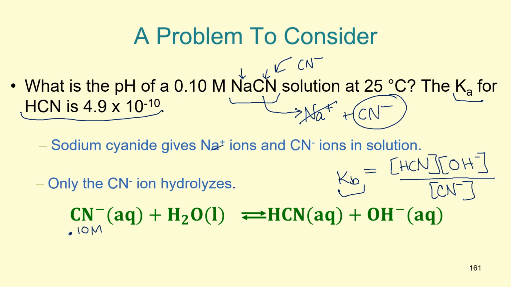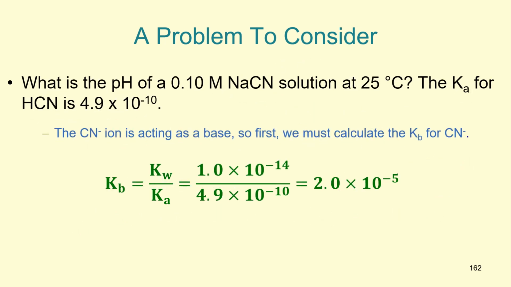It's going to give us OH negative, but only Ka is given to us because that's all you can find in the table. So we're going to have to first find Kb. Kb equals Kw divided by Ka, because remember Ka times Kb equals Kw. So divide Kw by whichever one you know and you'll find the other one.